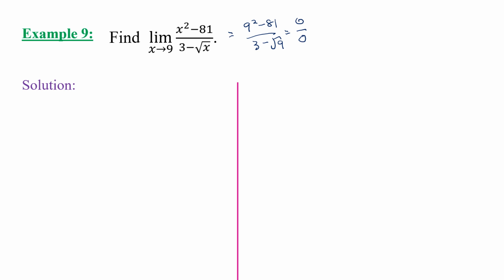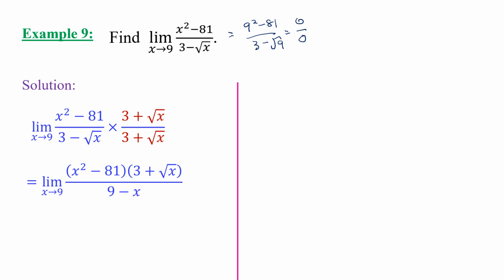So, what we can do is use multiplication of conjugates since there is a surd function in the question. So, the conjugate is 3 plus square root x. We just expand the denominator because 3 plus square root x is the conjugate of 3 minus square root x. 3 plus square root x is not the conjugate for x squared minus 81. Therefore, do not expand the numerator.